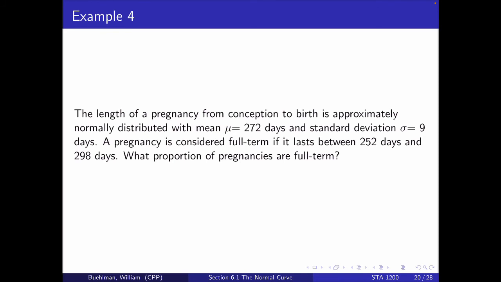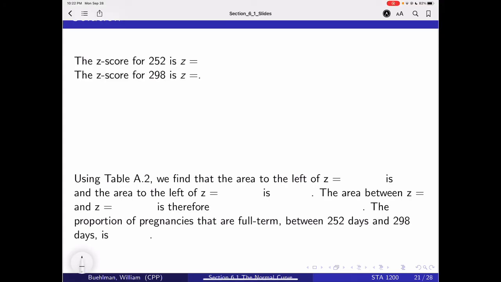Example 4, same pregnancy data. So mu is 272, standard deviation is 9. But this time we want to know how many full-term pregnancies there are if we consider a full-term pregnancy to be between 252 and 298 days. First, we need to find z-scores as we've done before.